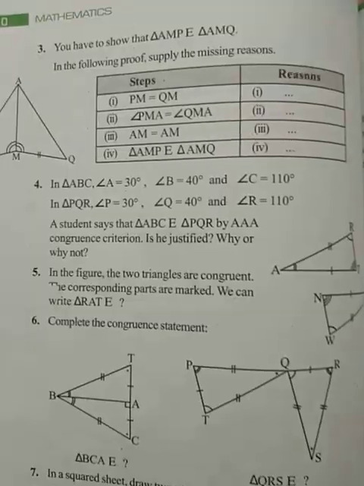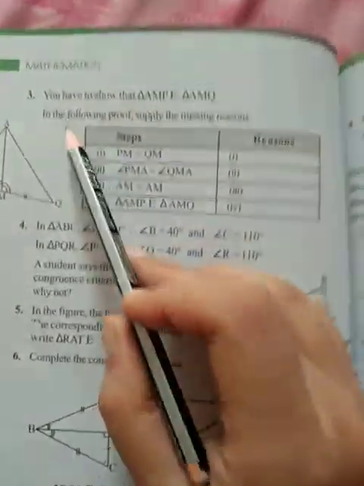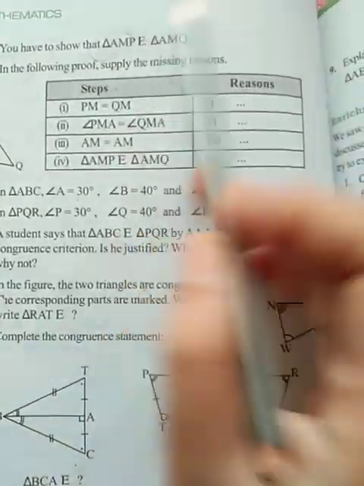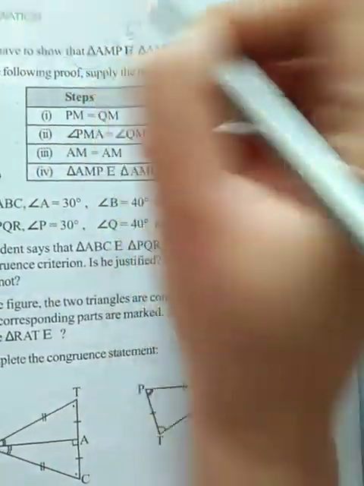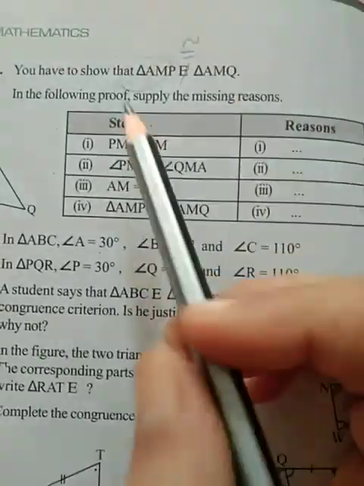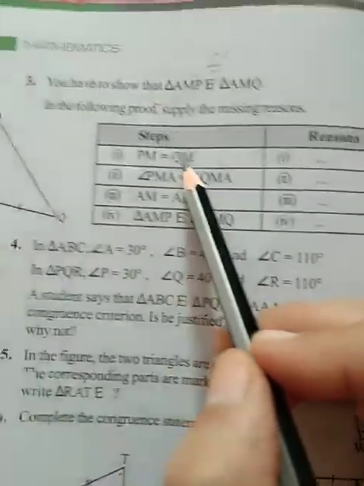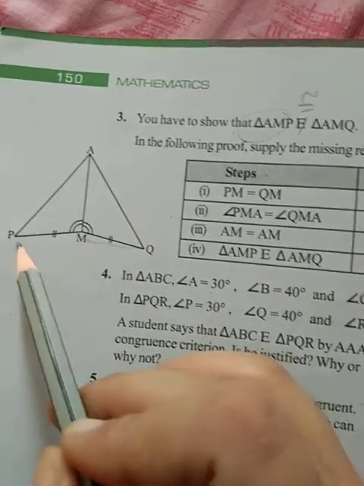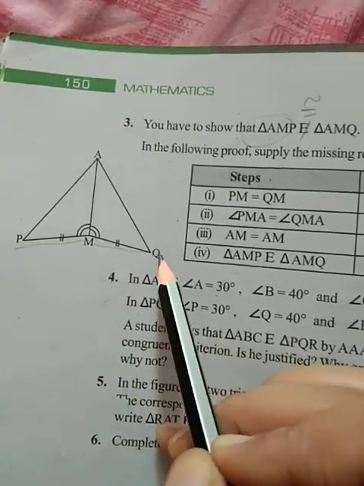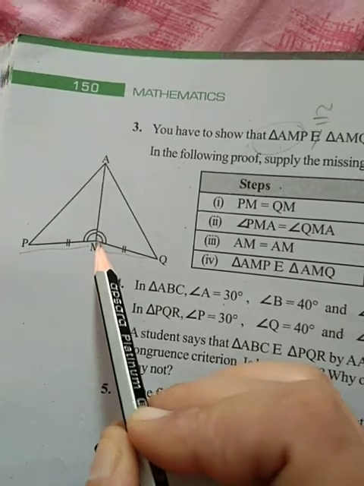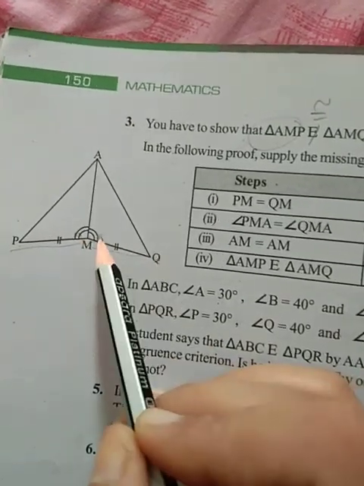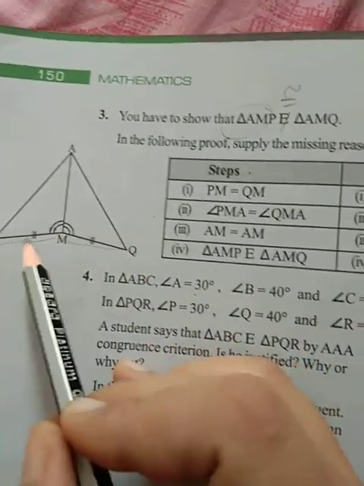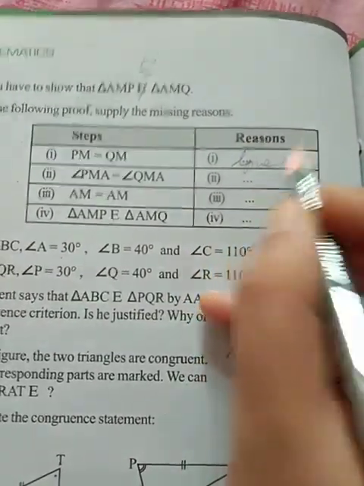Now see the next. You have to show this triangle is congruent to this one. Now PM equals QM. See, they are not writing PM equals MQ. Why? Because P to M they are going, this one angle equals this one, so Q to M they are going, so these two sides are equal. Because it is given, you will write given.